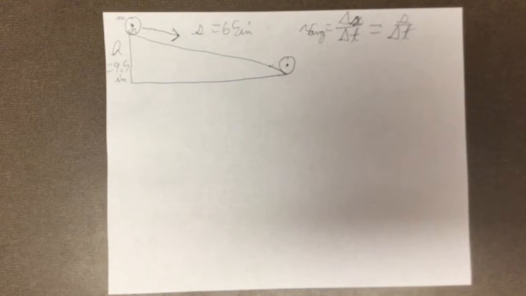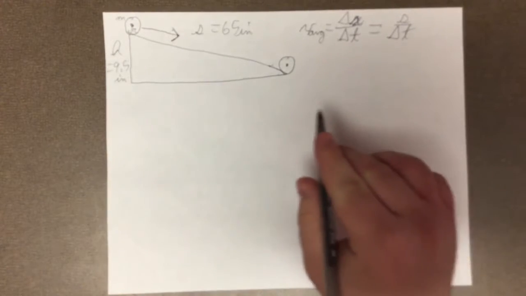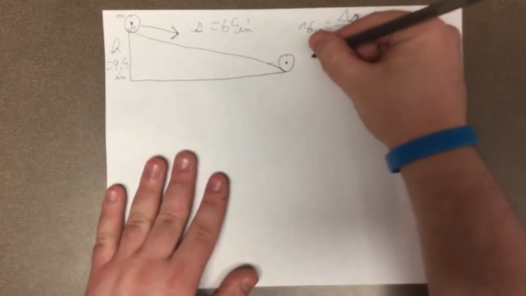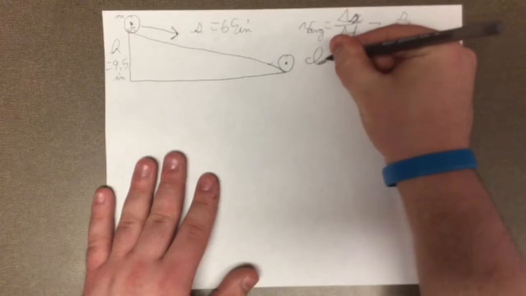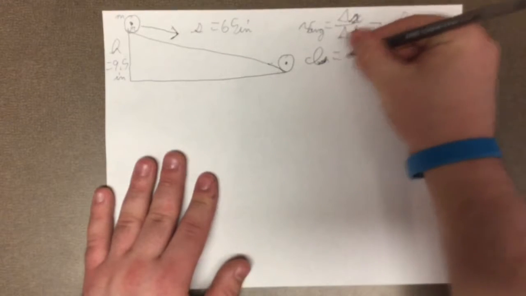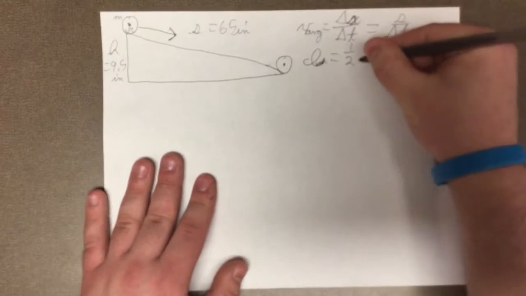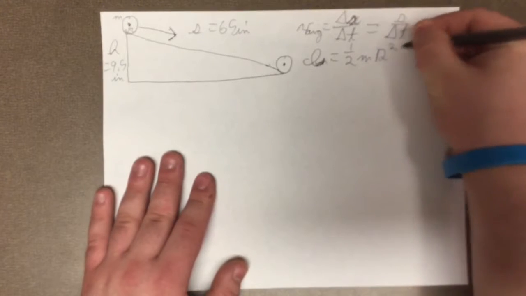Okay. So for this, the first thing you'll need to know here is the moment of inertia, and I won't go into the math behind it, but because we know that this is rolling down a slope, we can say that the moment of inertia for this system, I, equals 1/2 the mass times the radius squared.